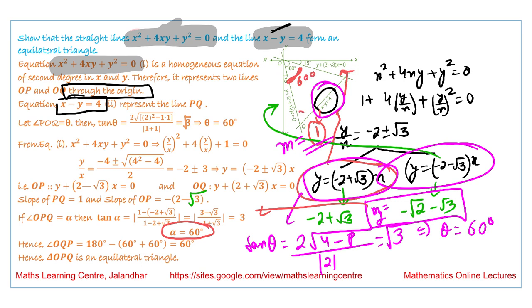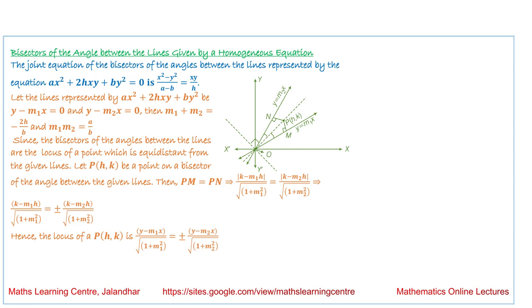The angle between these two lines is 60 degrees. This is a triangle, so this angle is also 60 degrees. So using all these three angles, we obtain that the triangle is an equilateral triangle.